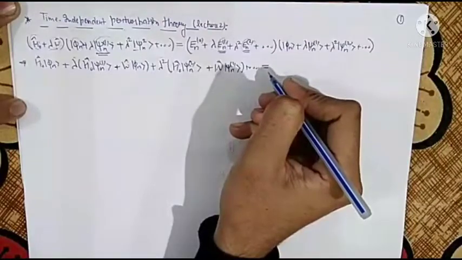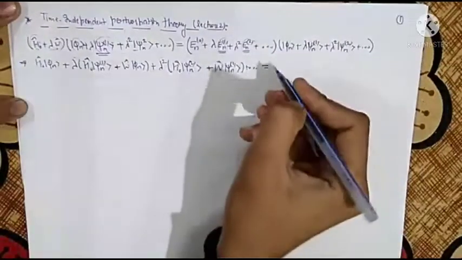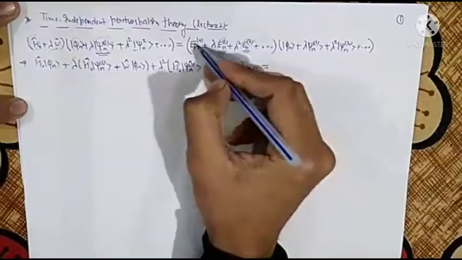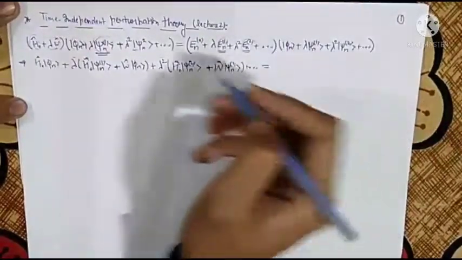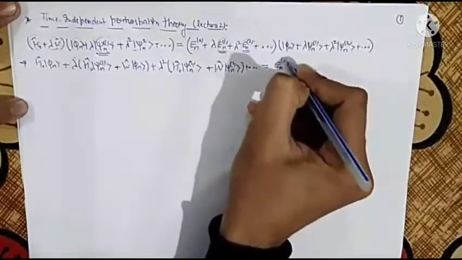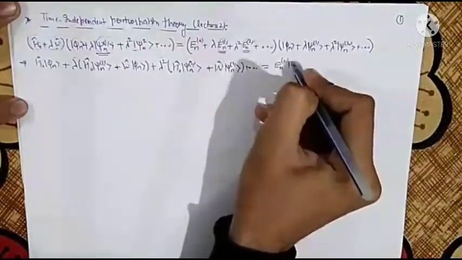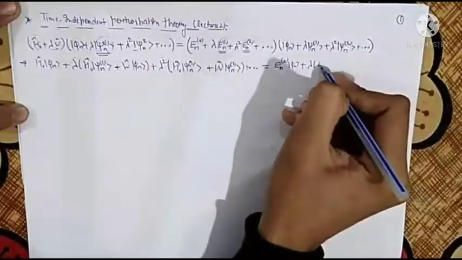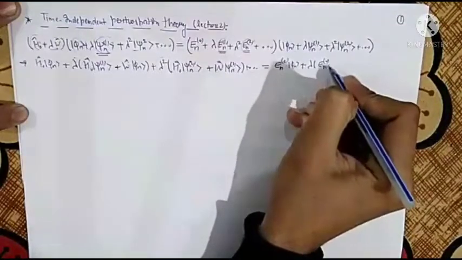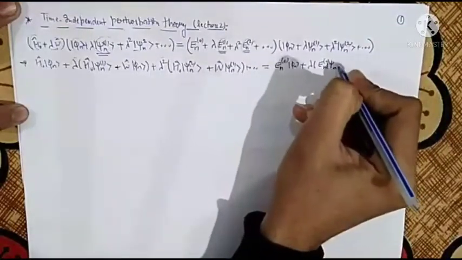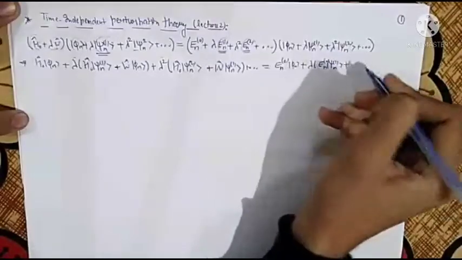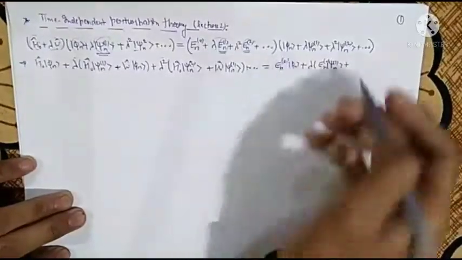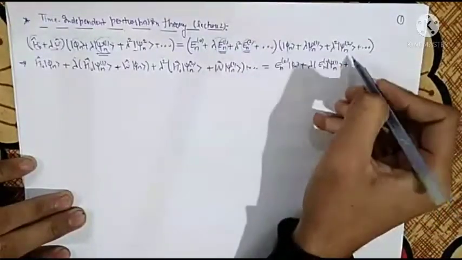On the right hand side, because these are just scalars, you have to multiply these scalars to these states. So it will be E naught times phi n plus lambda times E naught times psi n1 plus, and this particular quantity has to be multiplied with this quantity to get lambda out there.